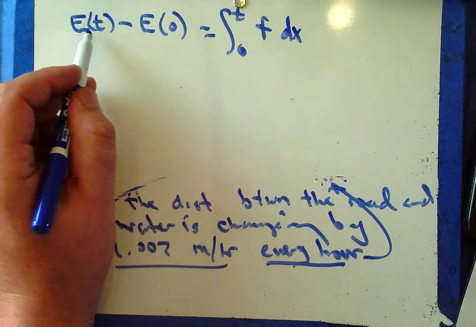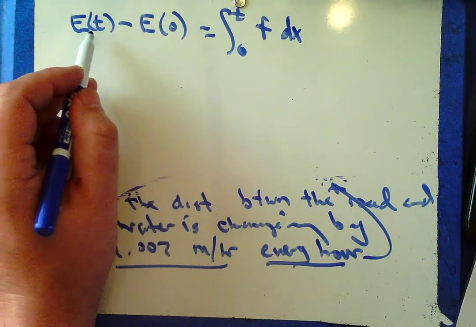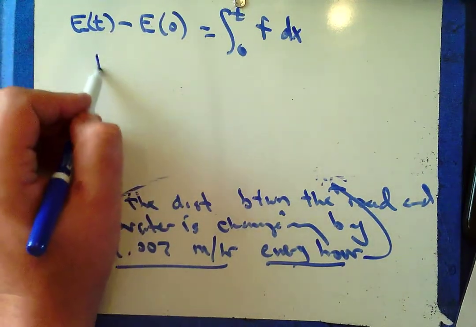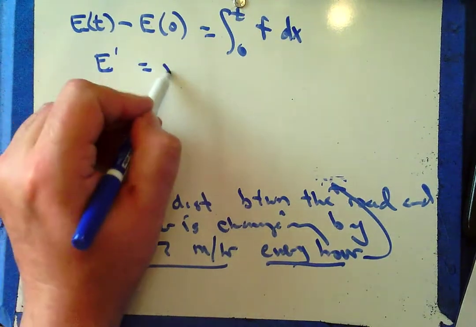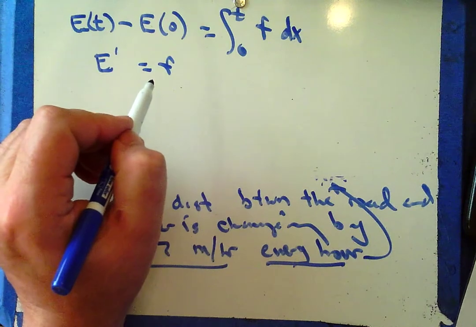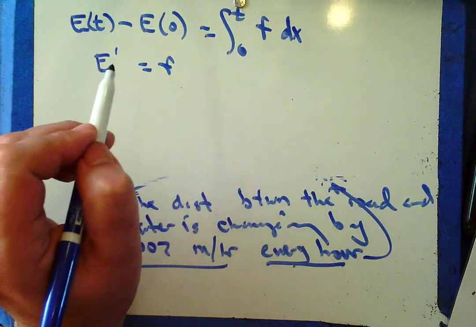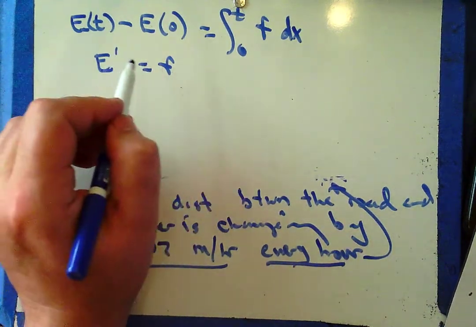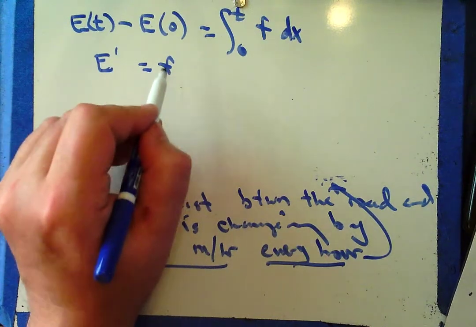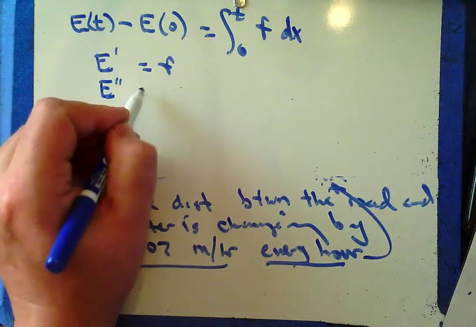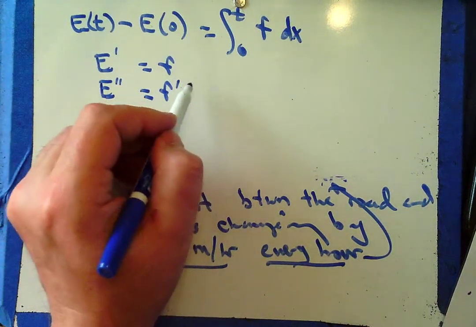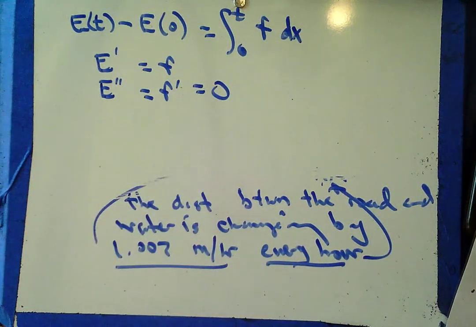This is the change in the distance. The rate of change in the distance, e prime, is f. But I'm looking for changing most rapidly. I'm wondering when this function has a max. And so I want e double prime, or f prime, equal to 0.